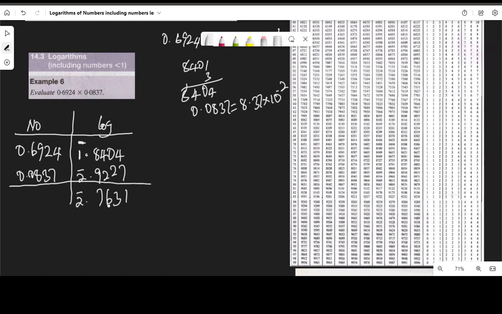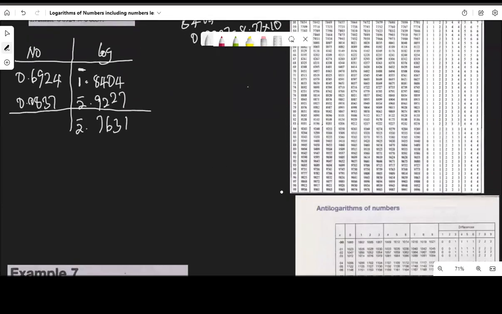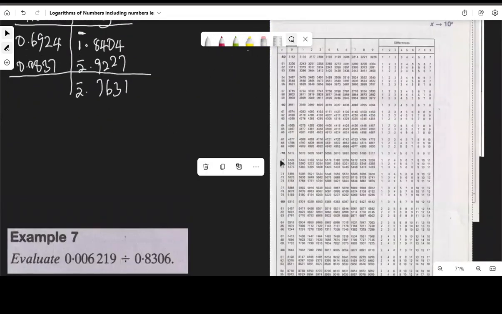Then we look for the antilog of 76 under 3, difference of 1. The antilog table is right here. The antilog of 76 under 3, difference of 1. 76 under 3 is right here.